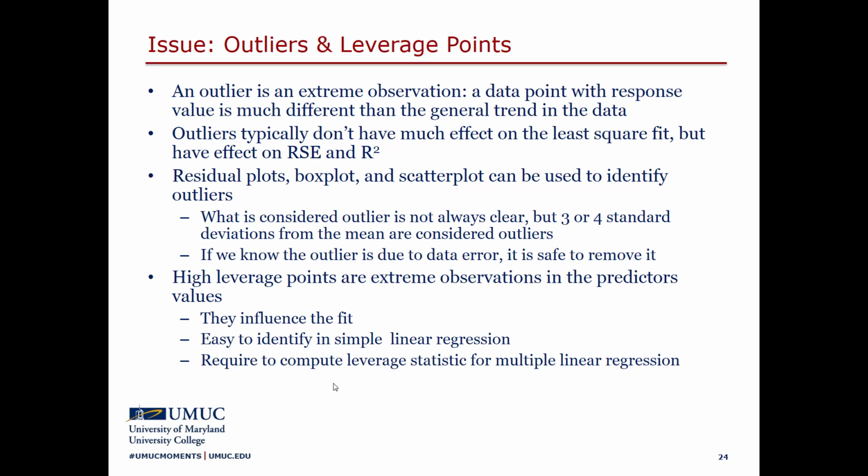Outliers and leverage points are also a very important thing in linear regression, and we covered this in module 1. What is considered an outlier? It's not always clear, but there are some guidelines. An outlier is an extreme value that is much different from the rest of the observations, a data point with a response value much different from the general trend of the data.